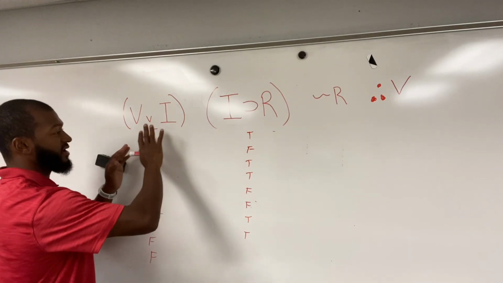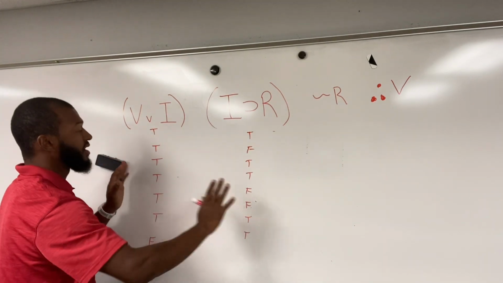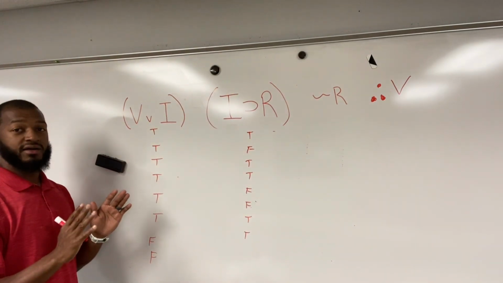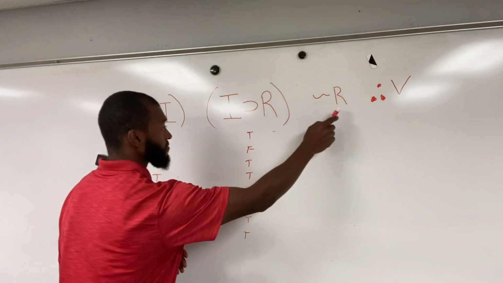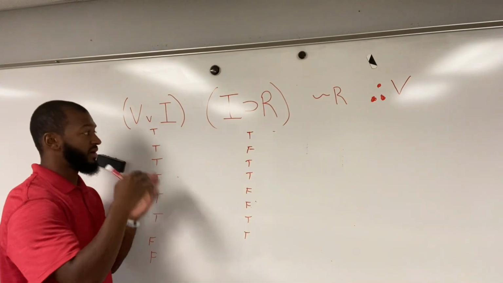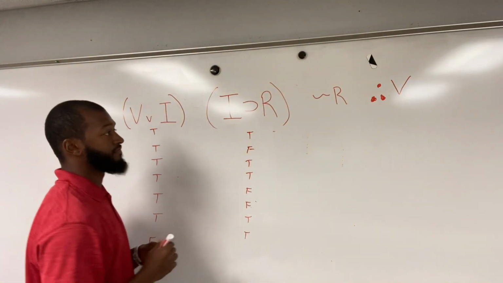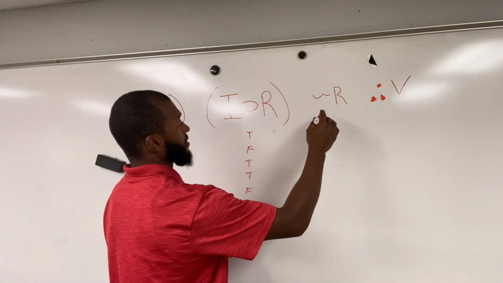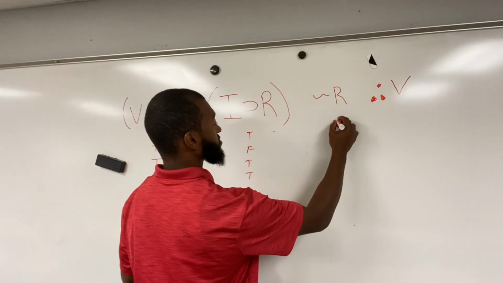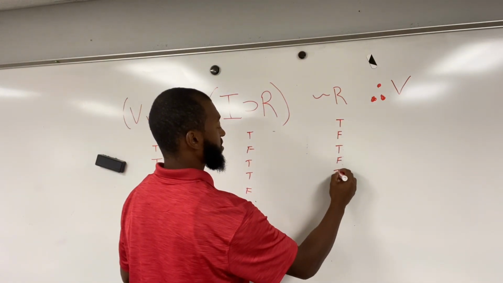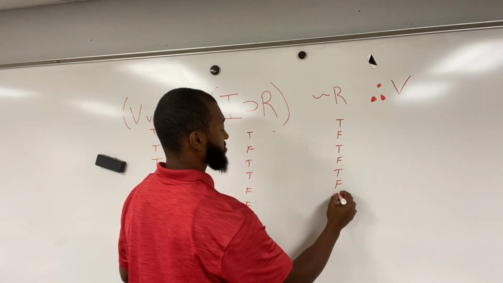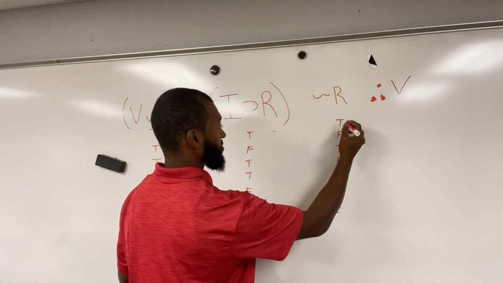So if I were to erase this and start over, I would add my truth values to each proposition and then get started with my parentheses. R was true, false, true, false, true, false, true, false. Does anybody get tired of hearing true, false, true, false? I do.